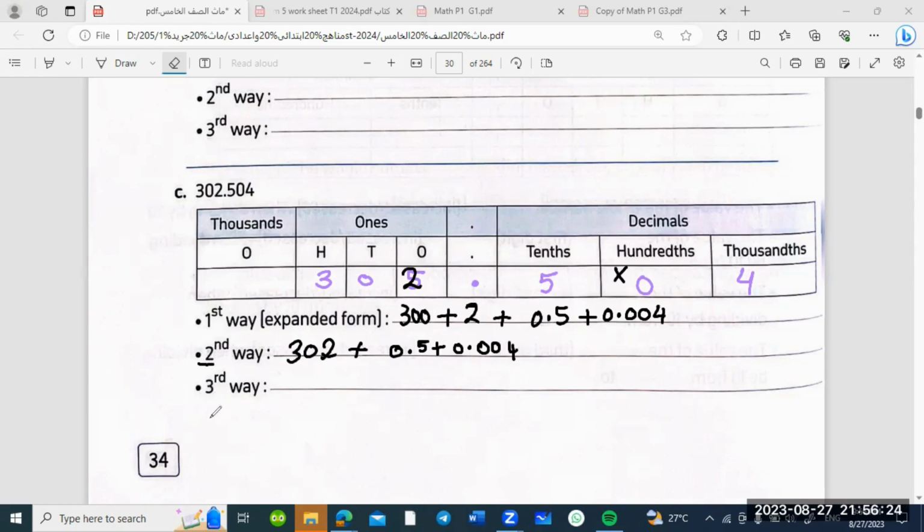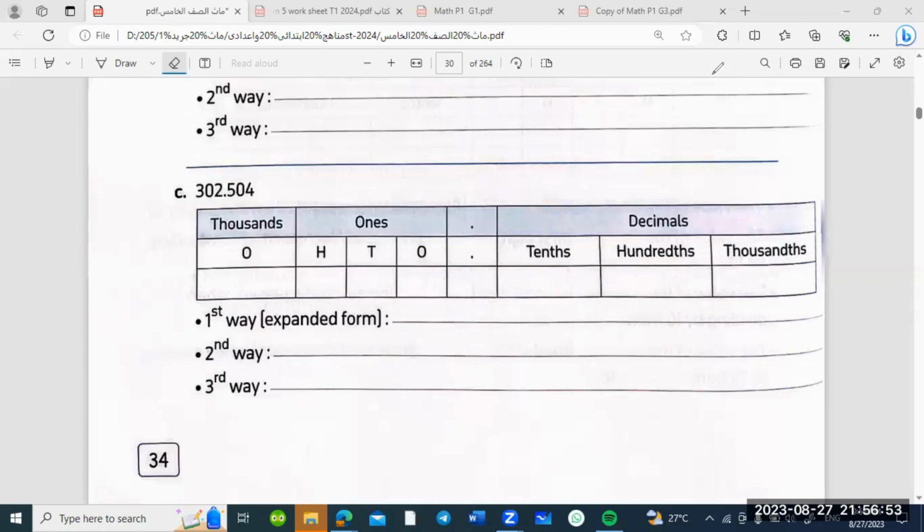Third way will be 300 plus 2 plus the decimal part, 0.504. Yes, Jana. Got it Jana? Easy.